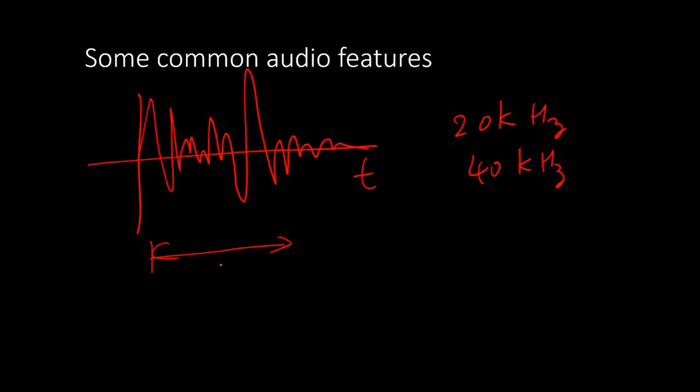hand. What has been observed by a lot of research into sound is that the frequency component, the power in different frequency bands of an audio signal, is important. So what that means is that we take the raw signal and we take its Fourier transform.